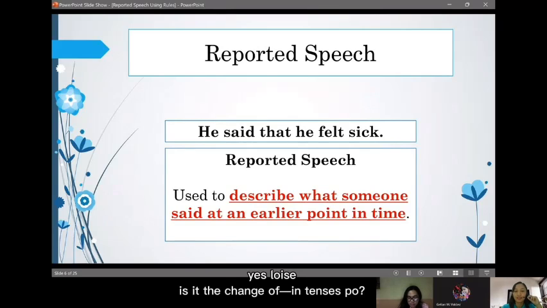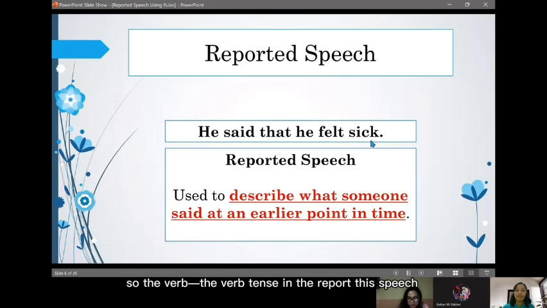Is it the change of tenses po? Yes, so there is a change of tenses in the verbs of this reported speech.